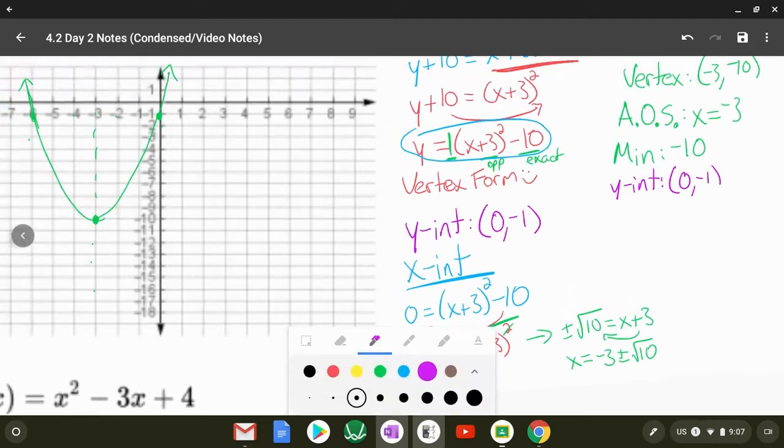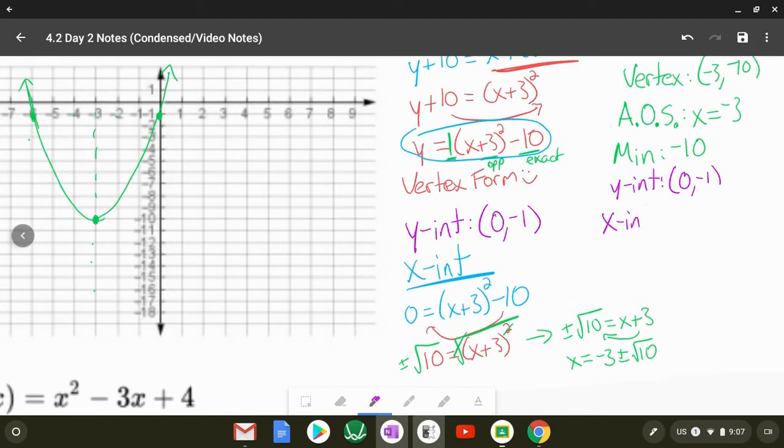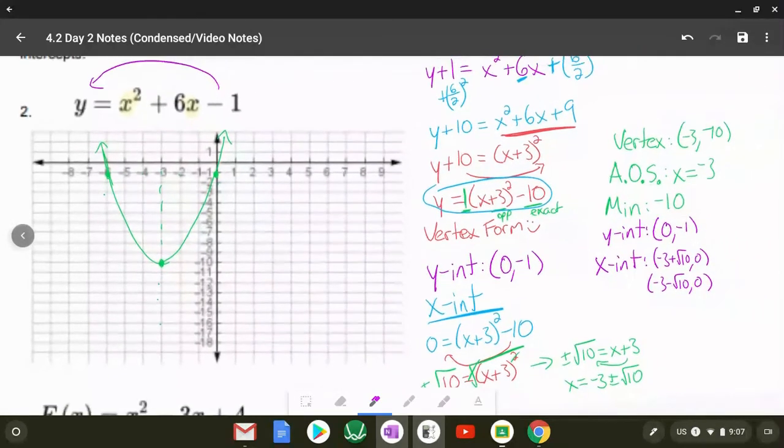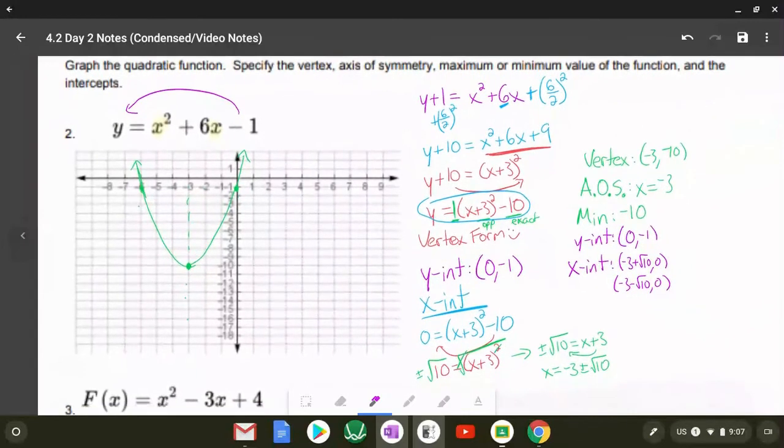So if we go ahead and write them here, your x-intercepts are 0, not 0 for x, 0 for y: -3 plus root 10, comma 0, and -3 minus root 10, comma 0. And there you go. We can take the root 10 as an equivalent answer. You can also reduce that radical.